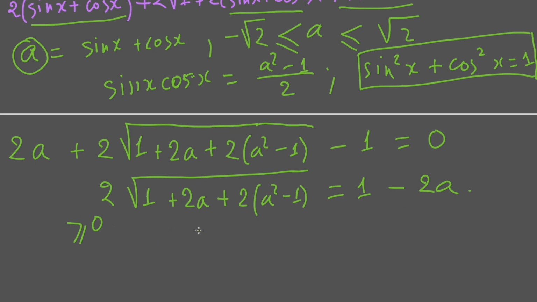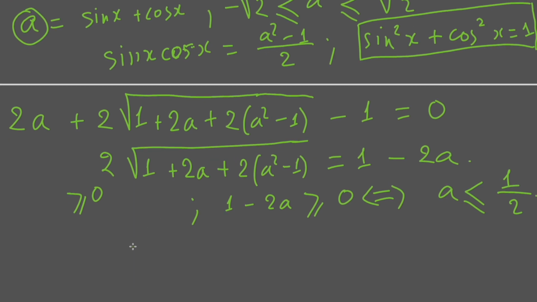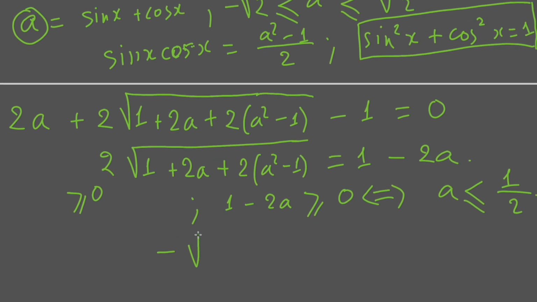It means 1 minus 2a is also greater than or equal to 0, and a has to be smaller than or equal to 1/2. So we rewrite the domain of a: it is from negative square root of 2 to 1/2.